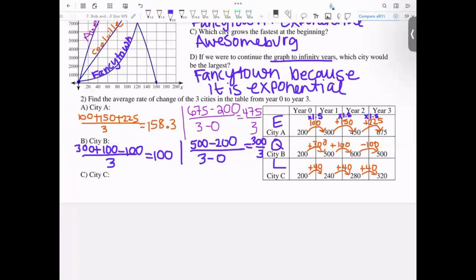And you can find the average like we did here. You can use your slope formula like we did here. But when it's linear, your average rate of change is always the same. So in this case, we don't have to go through all that. We don't have to put it into any formula because it is on average adding 40 every single year because it is constant. That number is not going up and going down. It is always the same. So this one will just be 40.